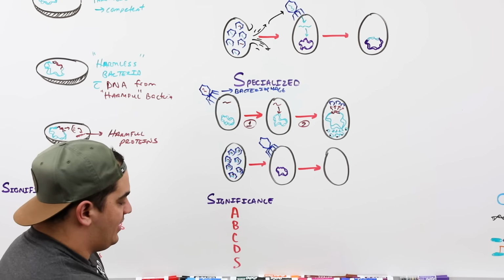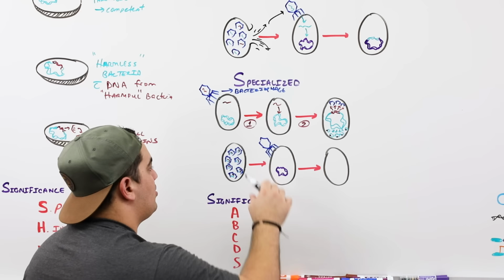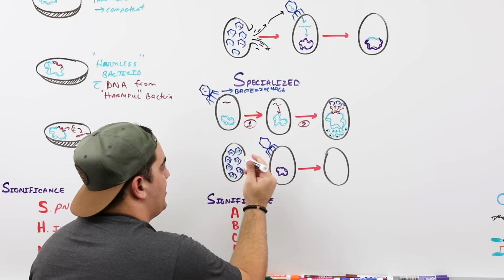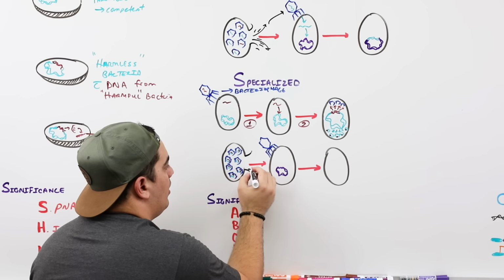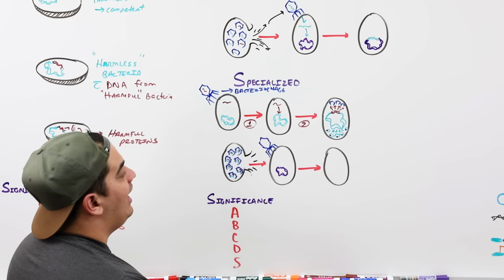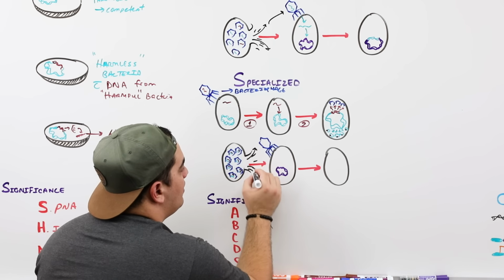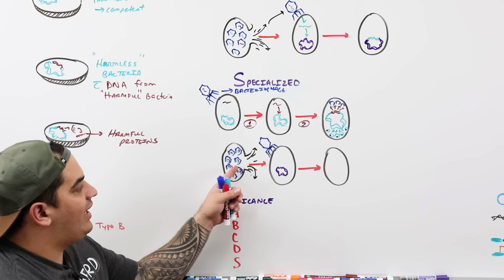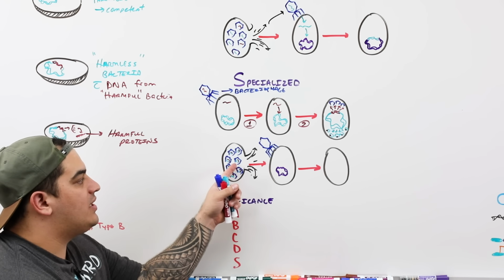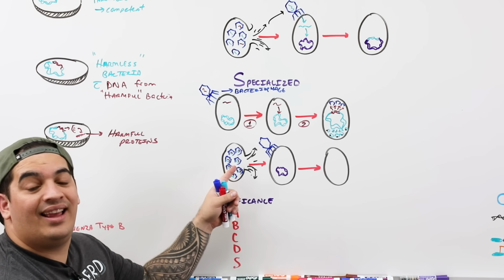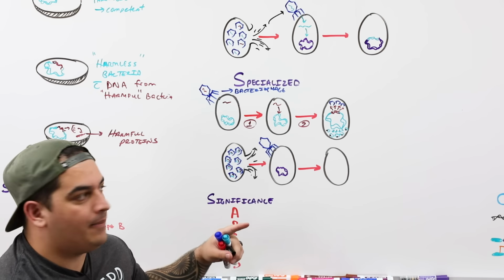Then this bacterial cell, after it occupies all of these bacteriophages, is eventually going to undergo lysis and pop. And it's going to release some of these bacteriophages that contain capsids, and inside of the capsids is a mixture of bacterial DNA and phage or viral DNA.